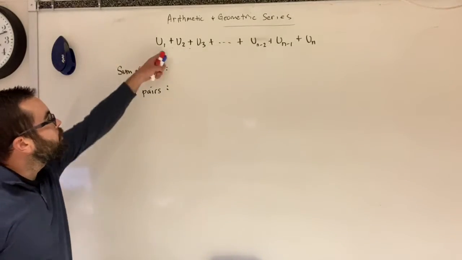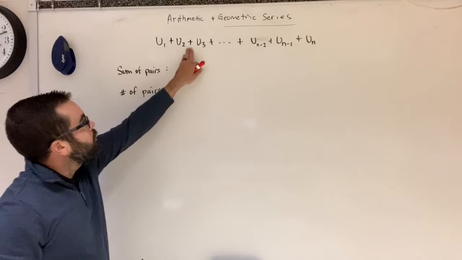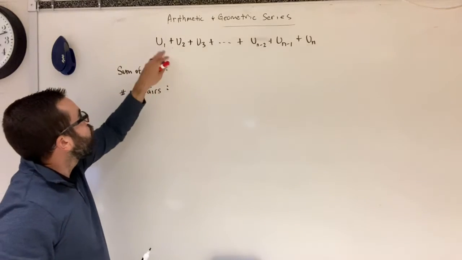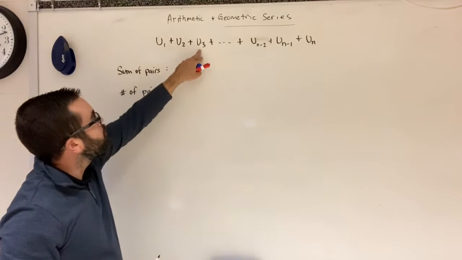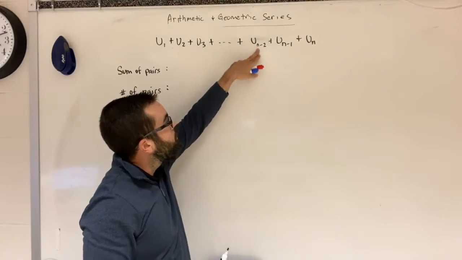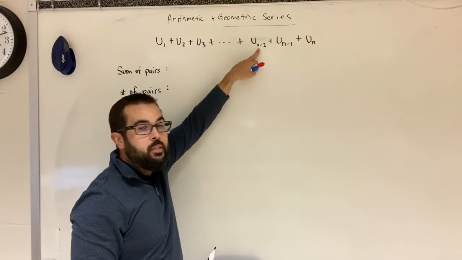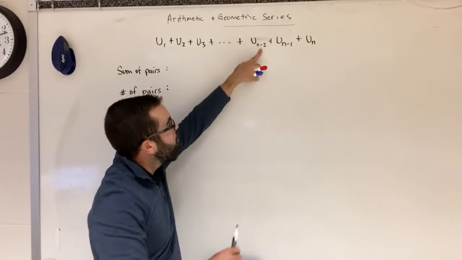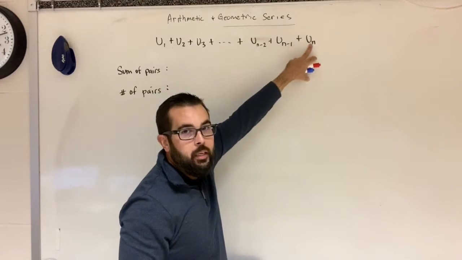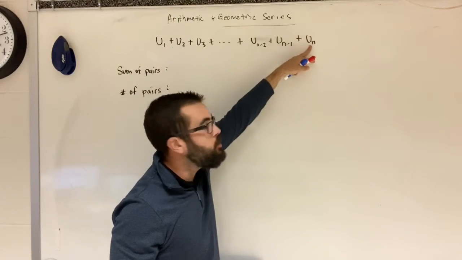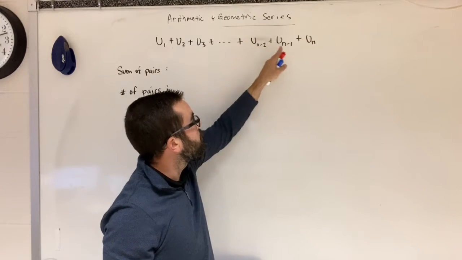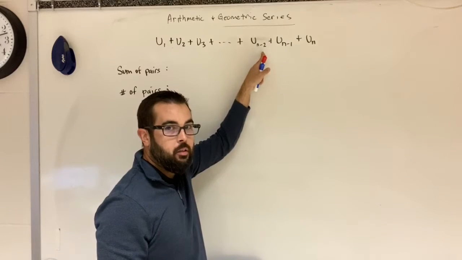So now consider this series, and we're going to say that this is arithmetic. So we have u1 plus u2 plus u3 plus, all the way at the end, u sub n minus 2 plus u sub n minus 1 plus u sub n. Remember that notation just means this is the term right before the last term, and this is the term before that one.